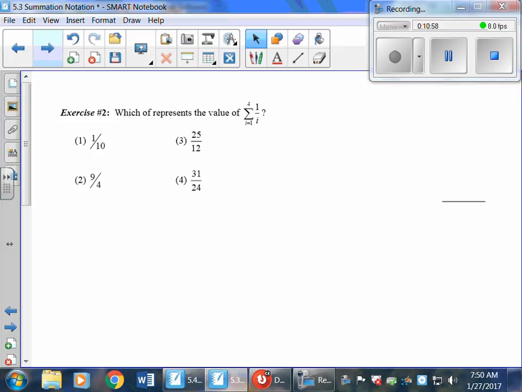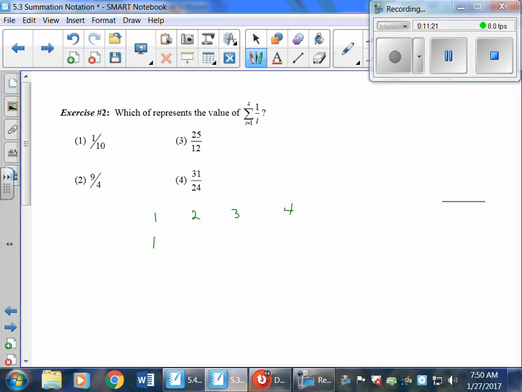Which of the following represents the value of this summation? You could put this into your calculator. This is a multiple choice question, so that's the beautiful thing here. But if we're going to do this by hand, I know my index goes from 1 to 4, and it's 1 over i.